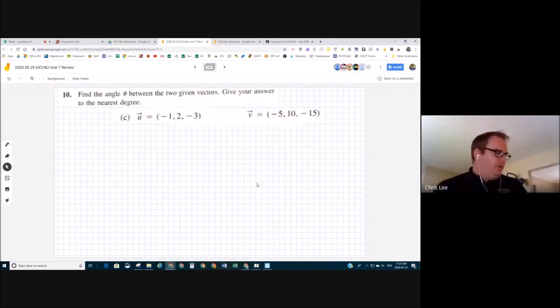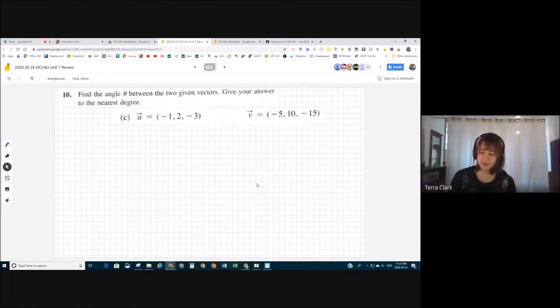There's a formula for this. Anyone other than Maya, because she's been put on the spot a couple of times, want to take the formula for this? The absolute value of u times the absolute value of v cos theta is equal to the dot product of u and v.